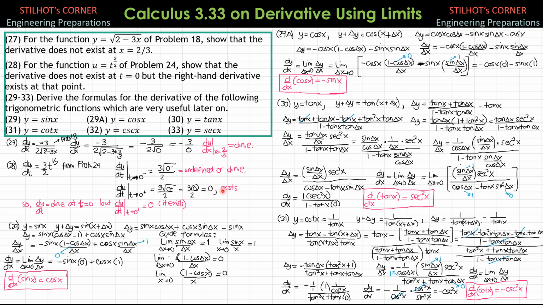But the derivative does not exist when t is 0, because for the limit to exist, both the left and right-hand limits must exist and be equal to each other. Since only the right-hand limit exists, the derivative of u equals t to the 3 halves at t equals 0 does not exist, but the right-hand limit exists.